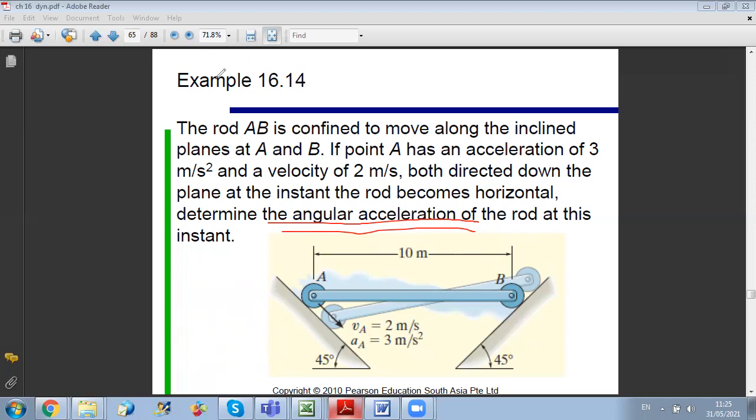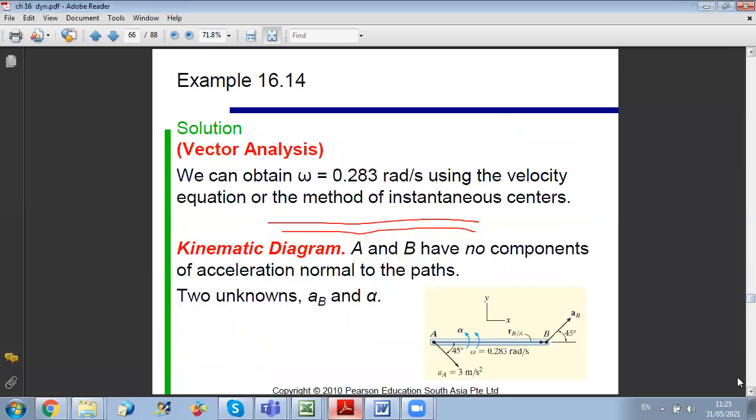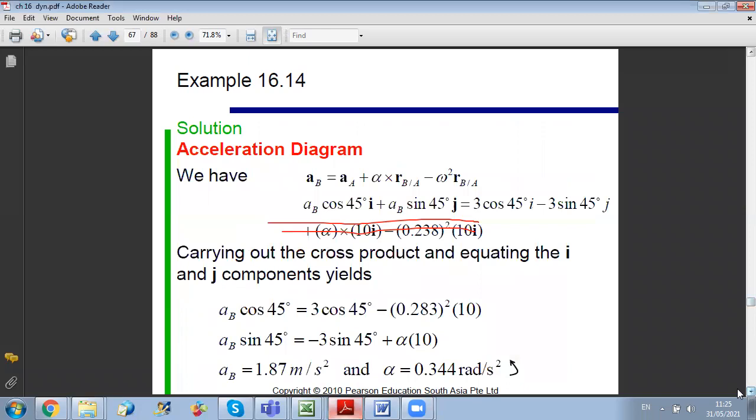First, we have that aB is equal to aA plus alpha vectorial AB minus omega square AB. This is the vectorial relation relating points A and B.